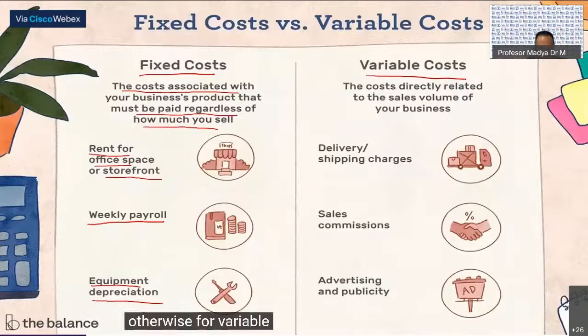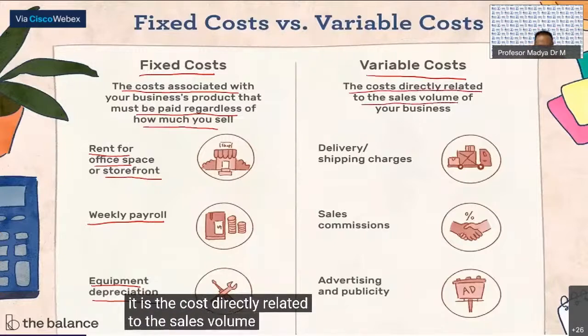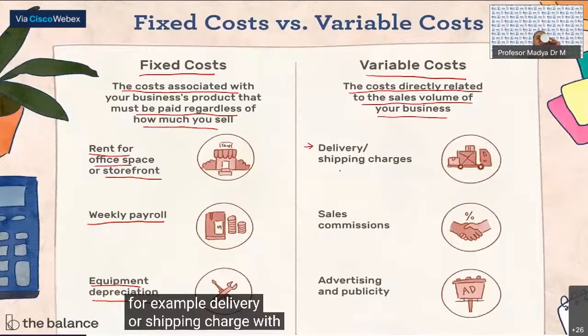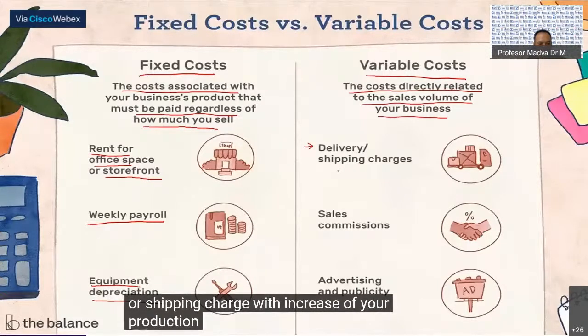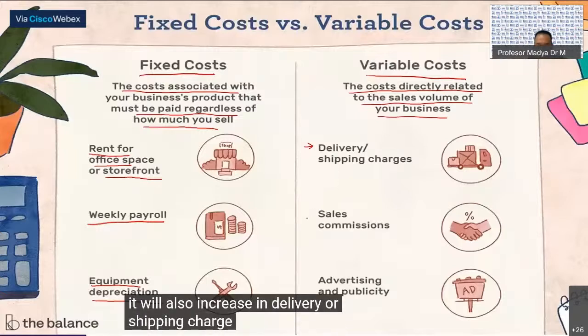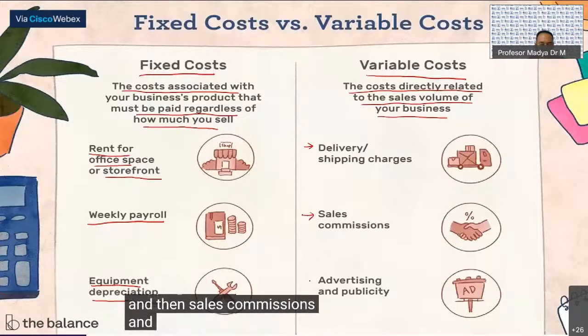Otherwise, variable cost is the cost directly related to the sales volume of your business. For example, delivery or shipping charge. With an increase in your production, there will also be an increase in delivery or shipping charges. And then sales commissions and also advertising and publicity.